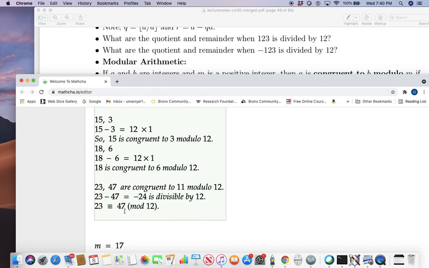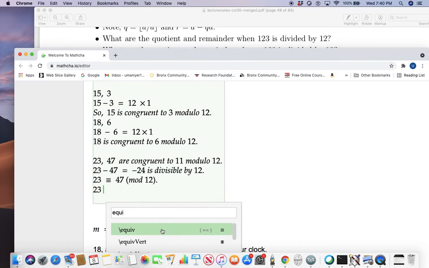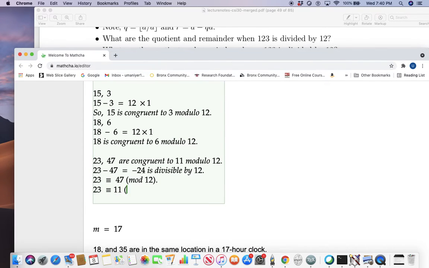This is how you would write it. Notice 23 is congruent to 11 modulo 12 as well.